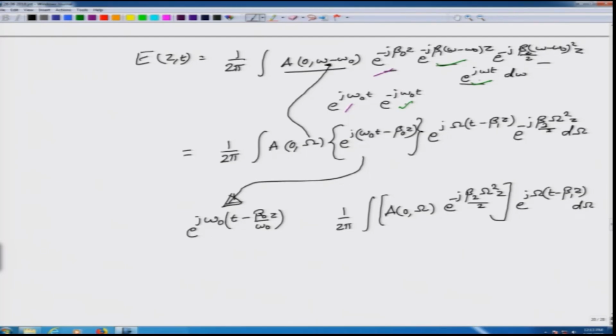Now, since the term that is written in this square bracket is the term on which we are operating the inverse Fourier transform, except that we are now evaluating this inverse Fourier transform not at t equal to 0, but at t variable, rather at t minus beta_1 z. Okay.